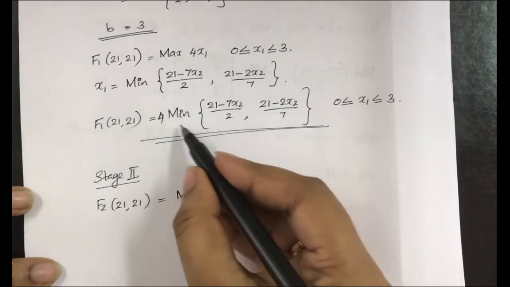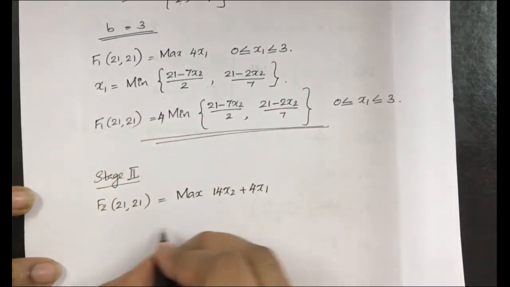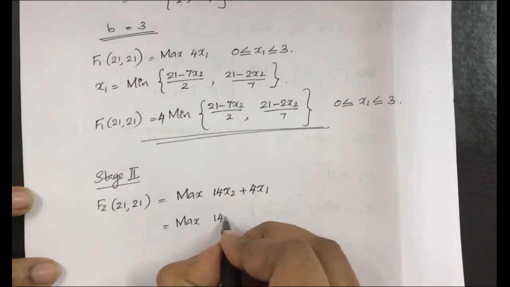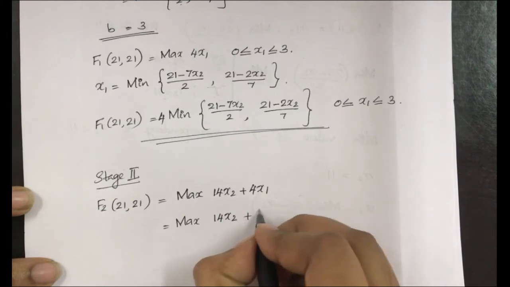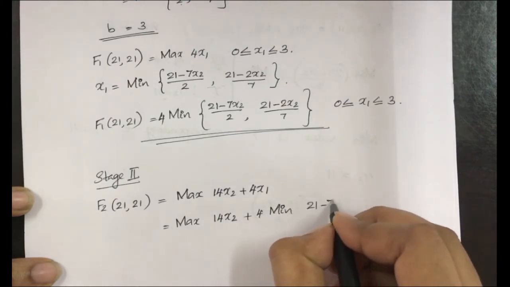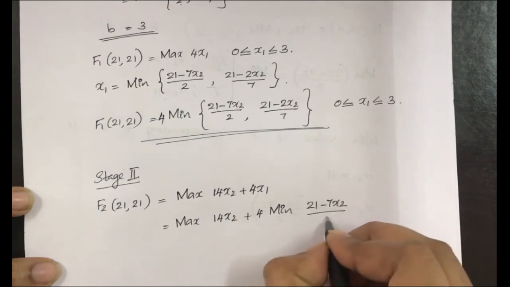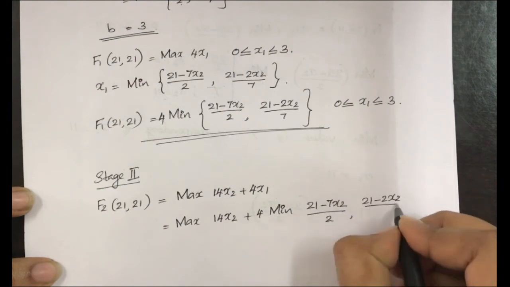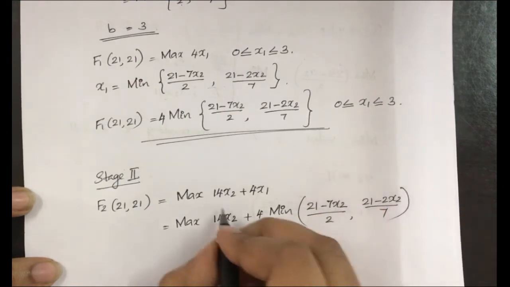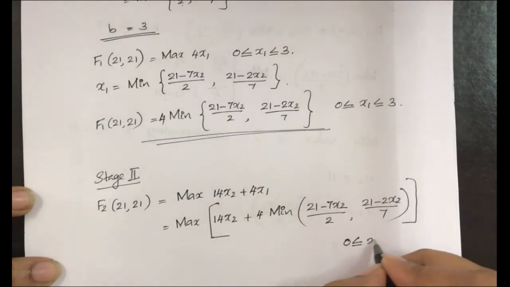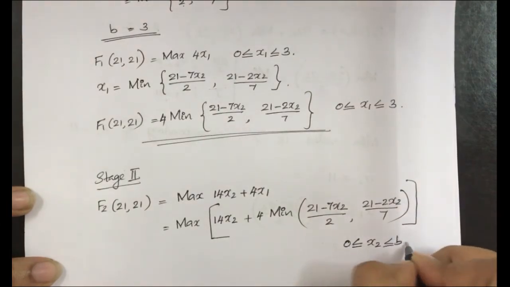So now I am writing the value of x1 here, that is maximum of 14x2 plus 4 into minimum of 21 minus 7x2 divided by 2 comma 21 minus 2x2 divided by 7, where 0 less than or equal to x2 less than or equal to b.